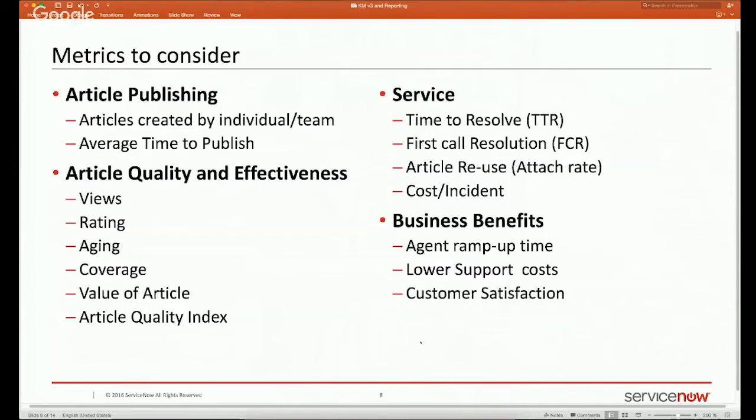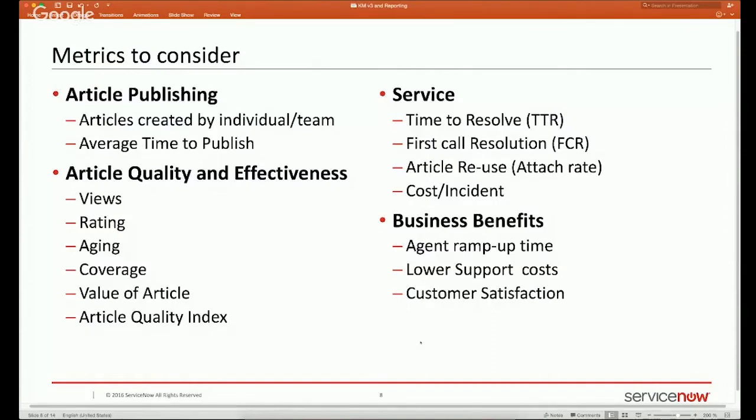Another metric, which is also manual, is something called the article quality index. Very commonly used term for the knowledge-centered support methodology. It has a few parameters, I think 9 or 10, where you can define how you measure the quality of an article. So you can say, is the article well classified? Is the title understandable?